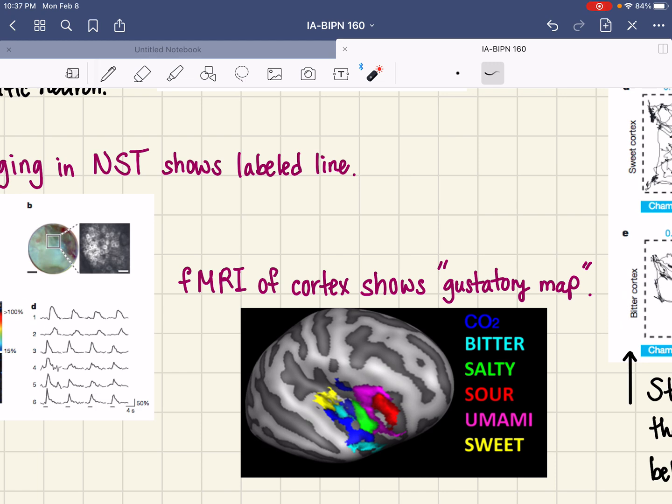And again, this confirms labeled line theory because we know that we have receptors that respond to bitter, salty, sour, umami, sweet, and I guess carbonation also. And we see here exactly by using fMRI, we see in the cortex that each sense or each taste goes to a specific part in the brain.